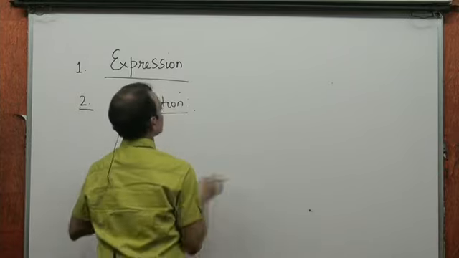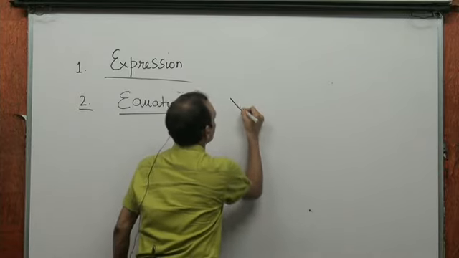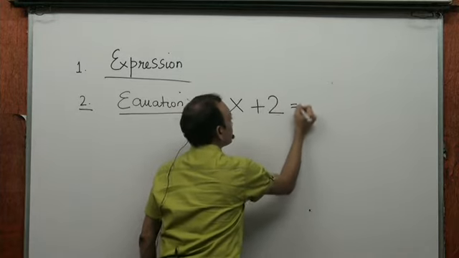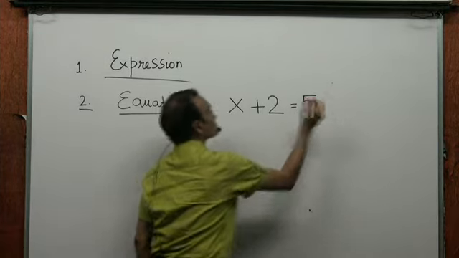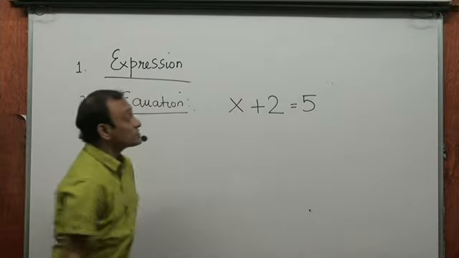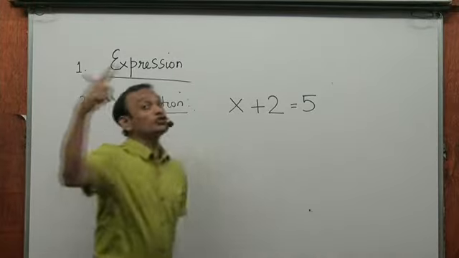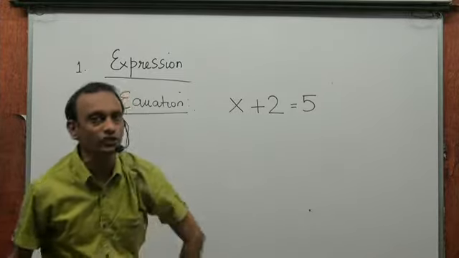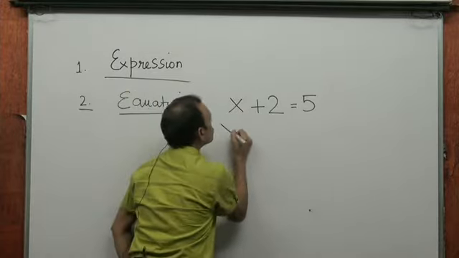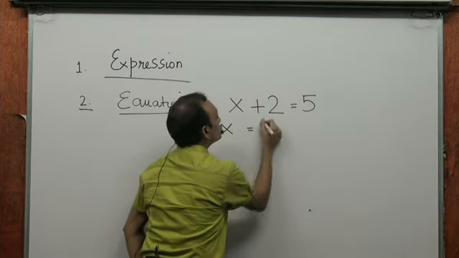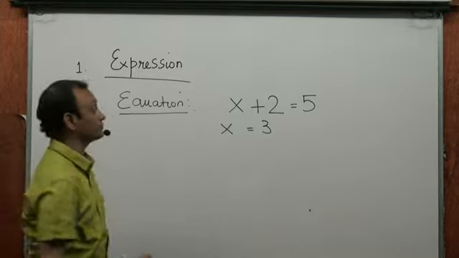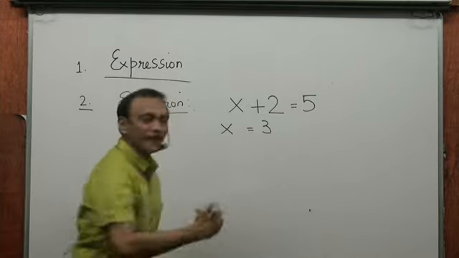For example, an algebraic statement could be x plus 2 equal to 5. This algebraic statement is true not for all values of x. It's true only for x equal to 3, for example. Right? 5 minus 2. So that's an equation.